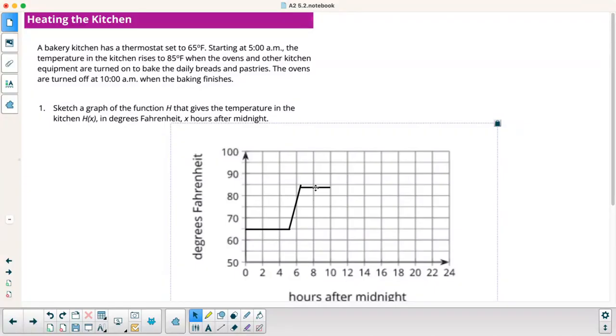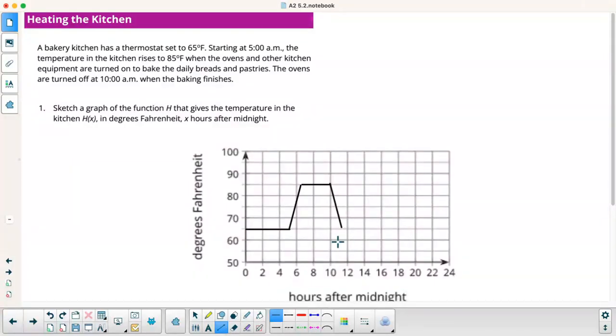And then at 10 a.m., they turn them off. So it's going to start going back down. And then eventually they'll cool down and the room will stay at 65 degrees. Okay. So it should look something like that.